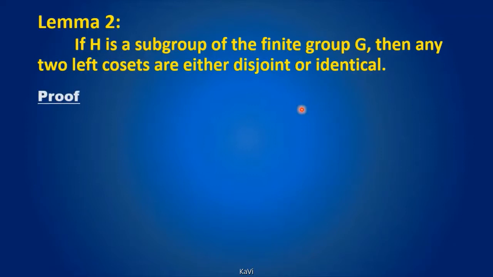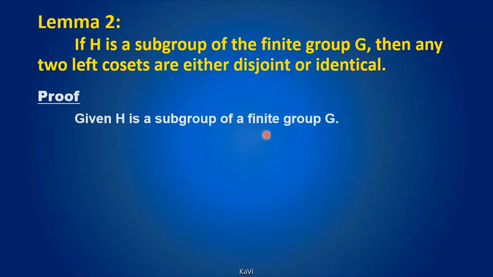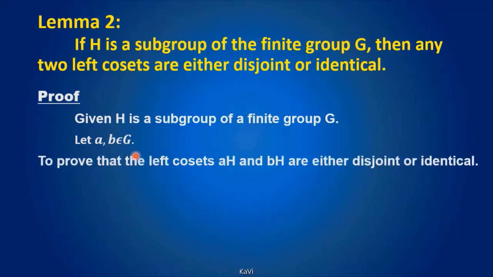It is given that H is a subgroup of a finite group G. Our aim is to prove that two left cosets are either disjoint or identical. For that you have to take two elements from G. So let A and B belong to G, to prove that the left cosets AH and BH are either identical or disjoint.